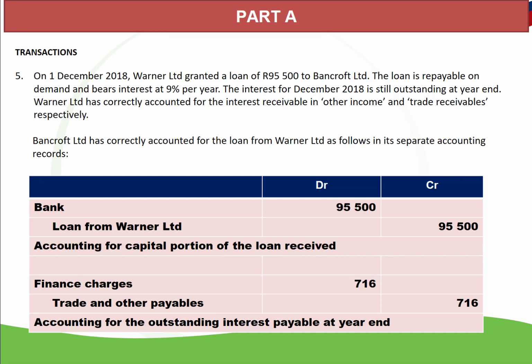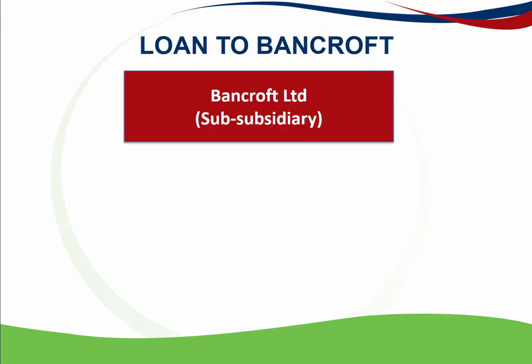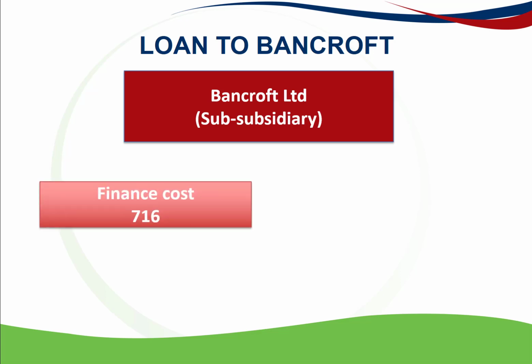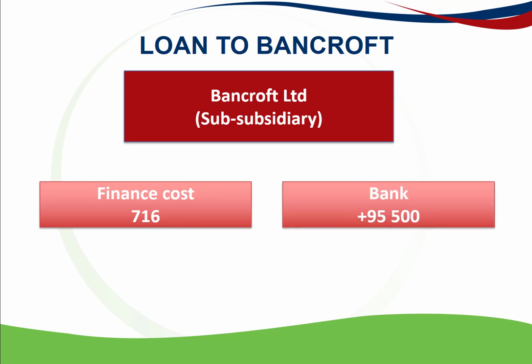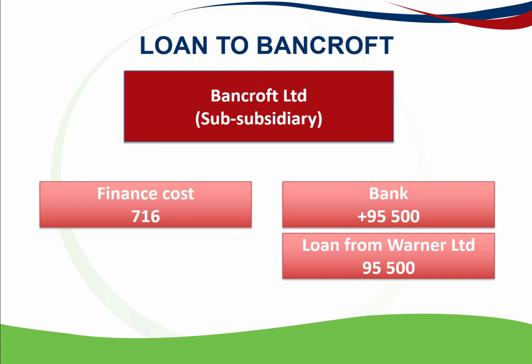Therefore, the effect of this entry in Bancroft's financial statements will be: in the statement of profit and loss and other comprehensive income, finance costs will increase by 716. In the statement of financial position, the asset section, bank will increase by the $95,500 received from Warner Limited. In the liability section, there will be a loan from Warner of $95,500 and trade and other payables will increase by 716 due to 1 month's interest outstanding.